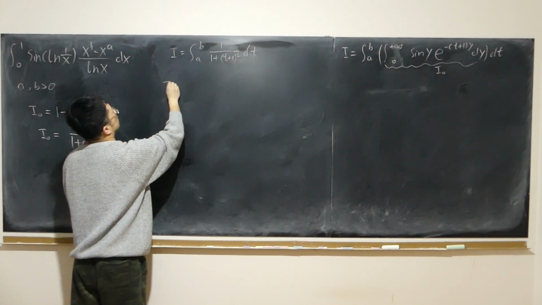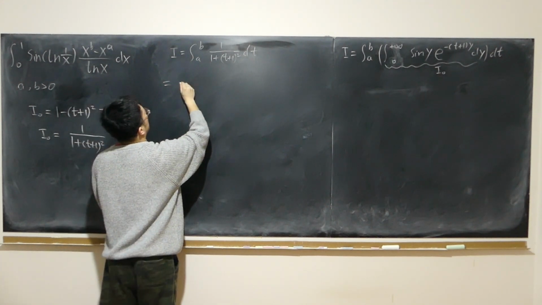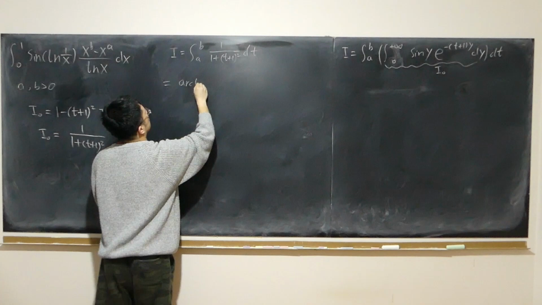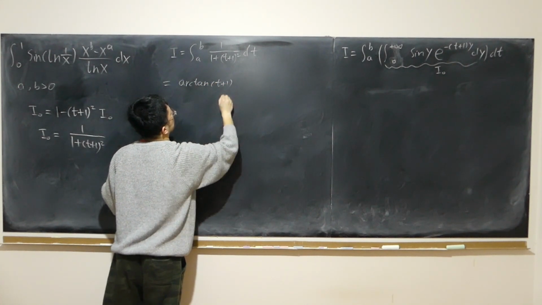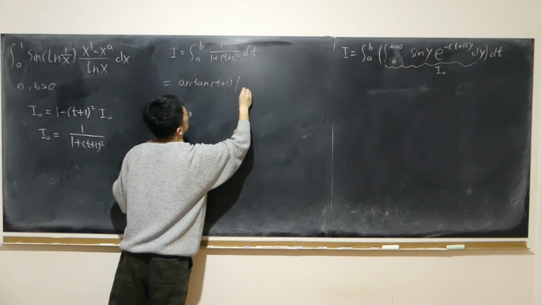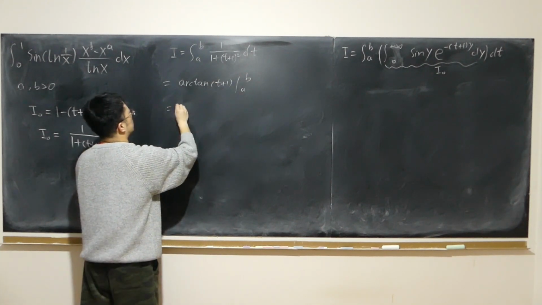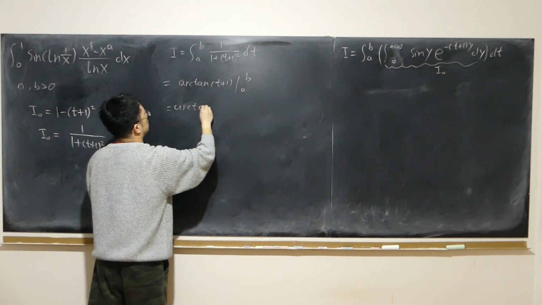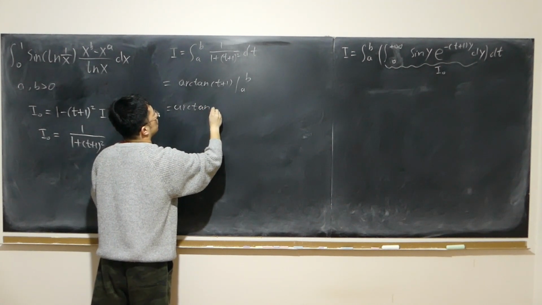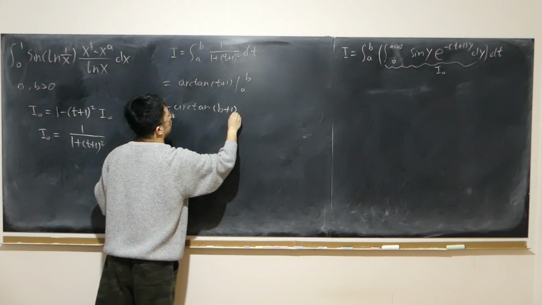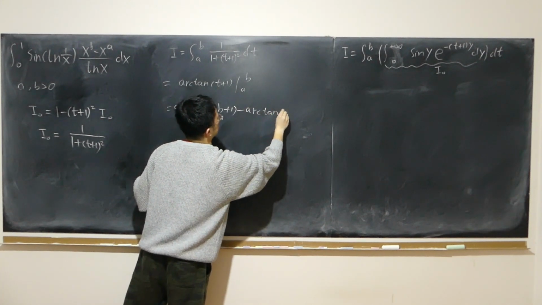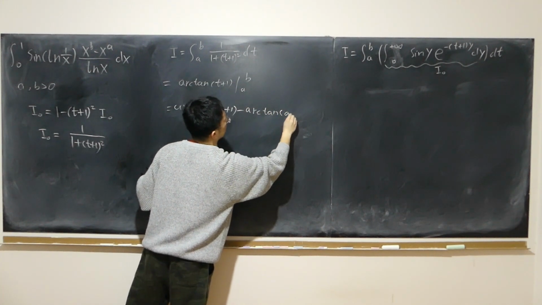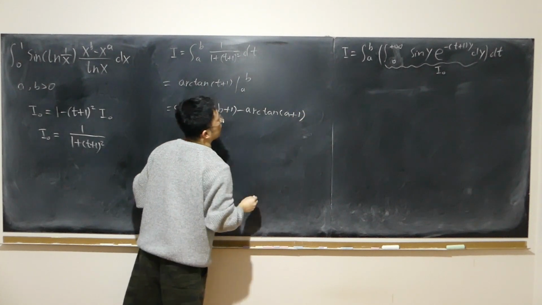So this is obviously arctangent of t plus 1, evaluated from a to b. And that is arctangent of b plus 1 minus arctangent of a plus 1. And we're done.